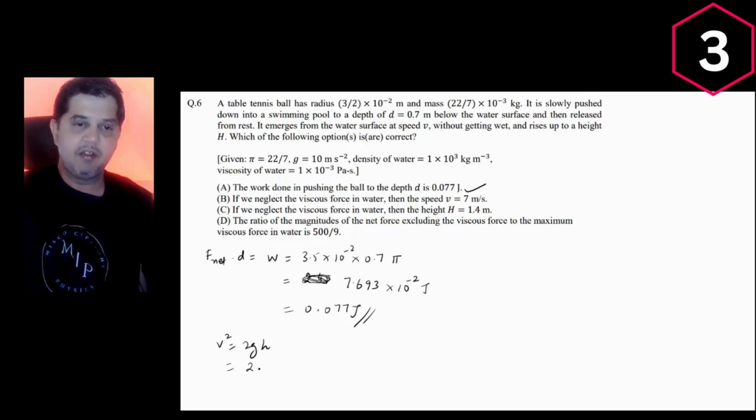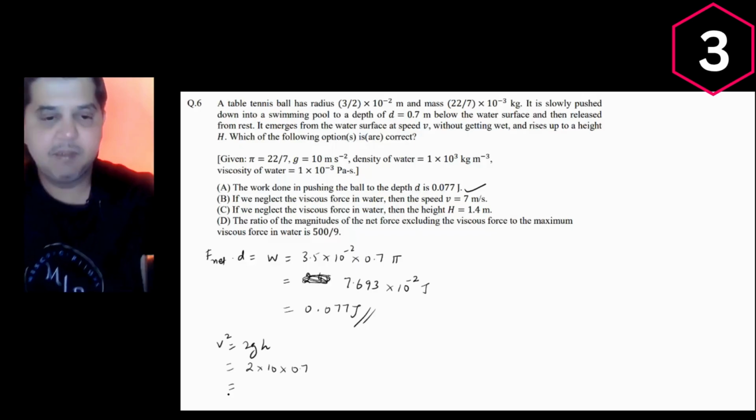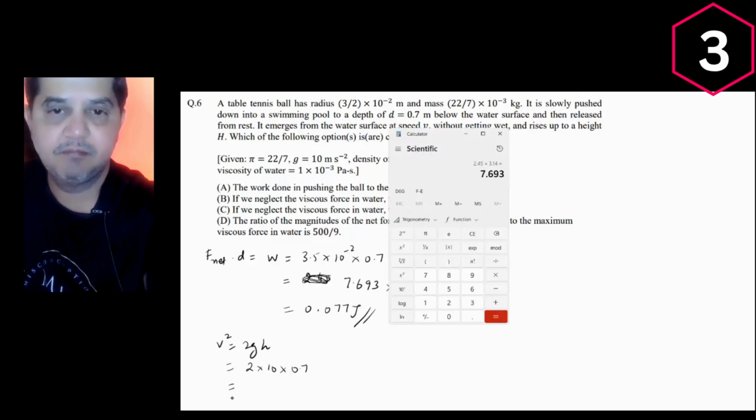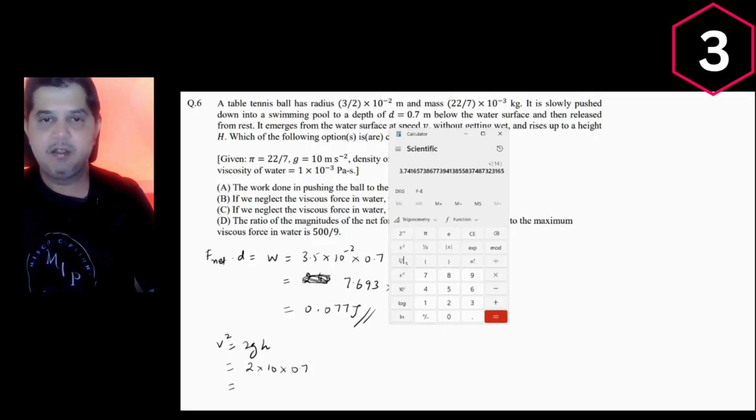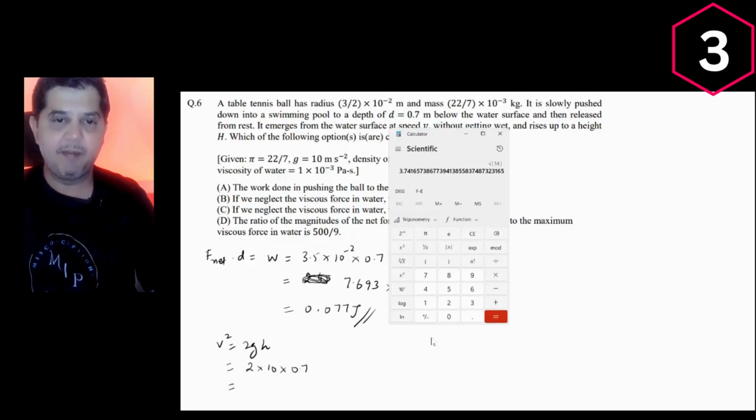So this should be 2 into 10 multiplied by 0.7 meters, which is 14. If I take the square root of this 14, I get 3.74 meter per second.